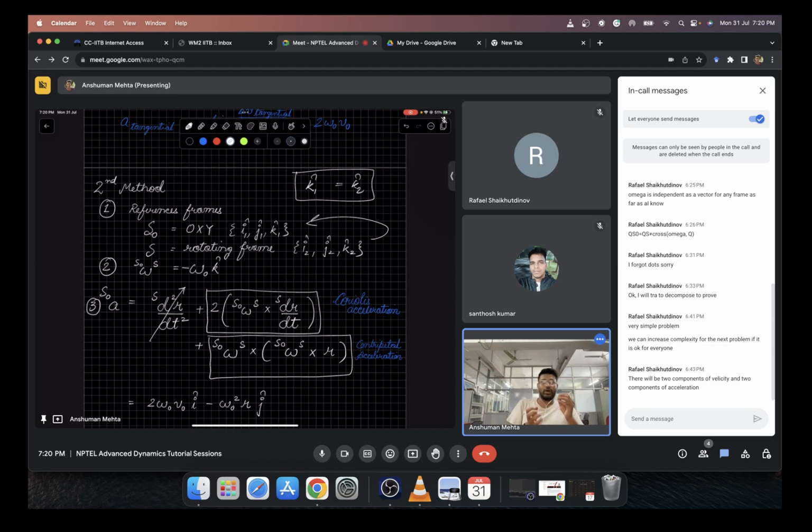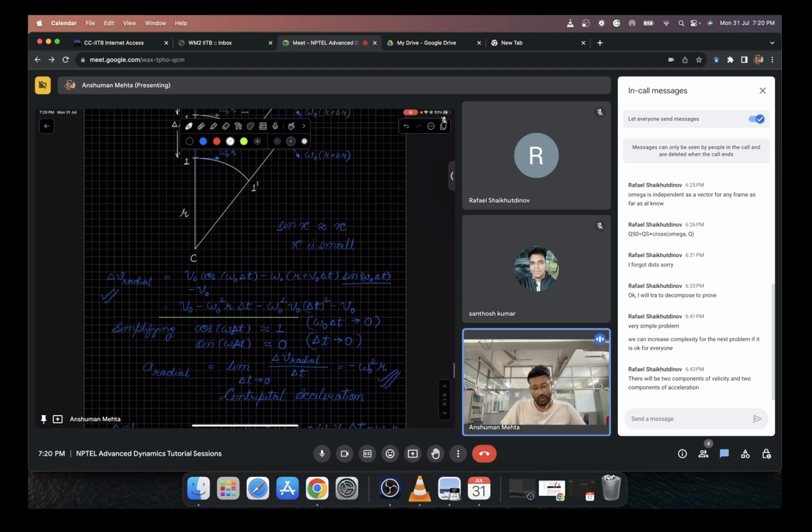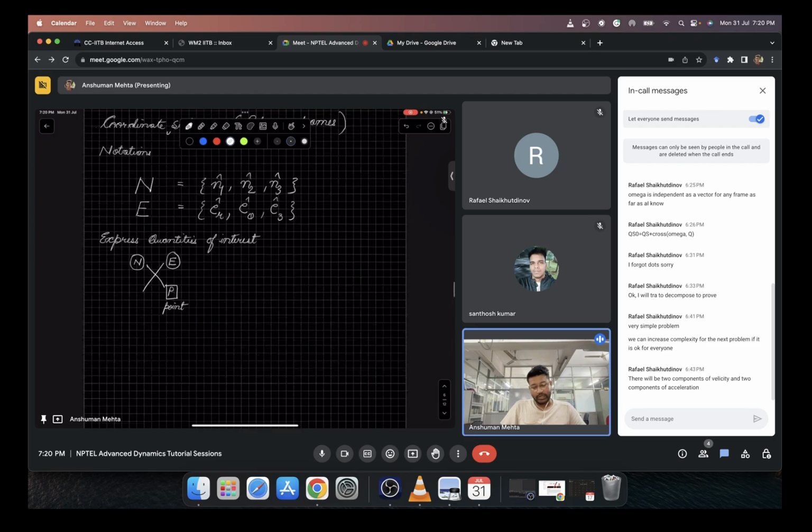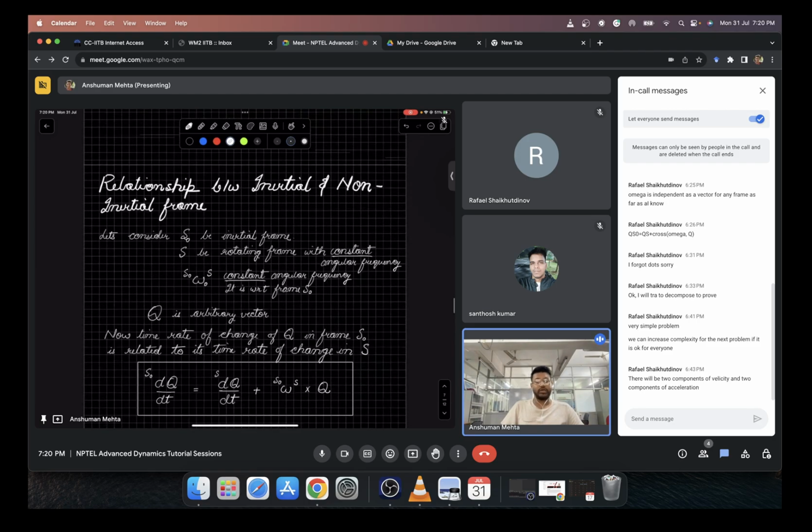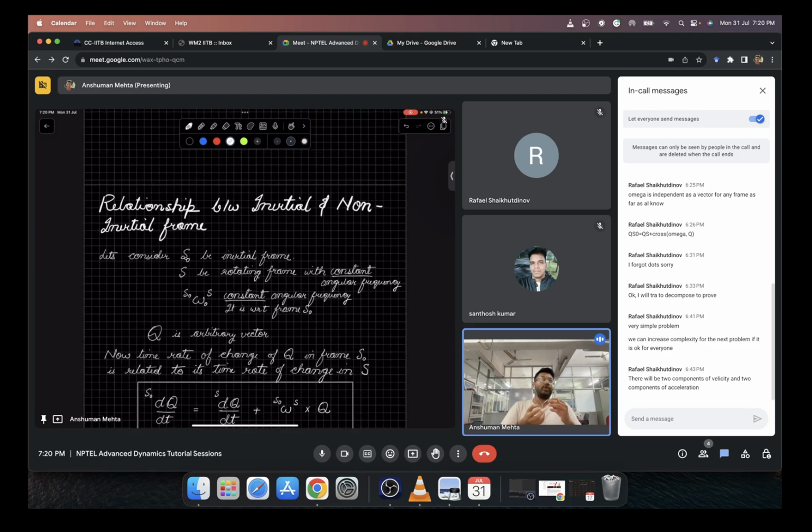This formula is all about the relationship between the inertial and non-inertial frame. If we have the inertial frame at rest, and some non-inertial frame moving around anywhere, we can quantify the non-inertial frame in this inertial frame.